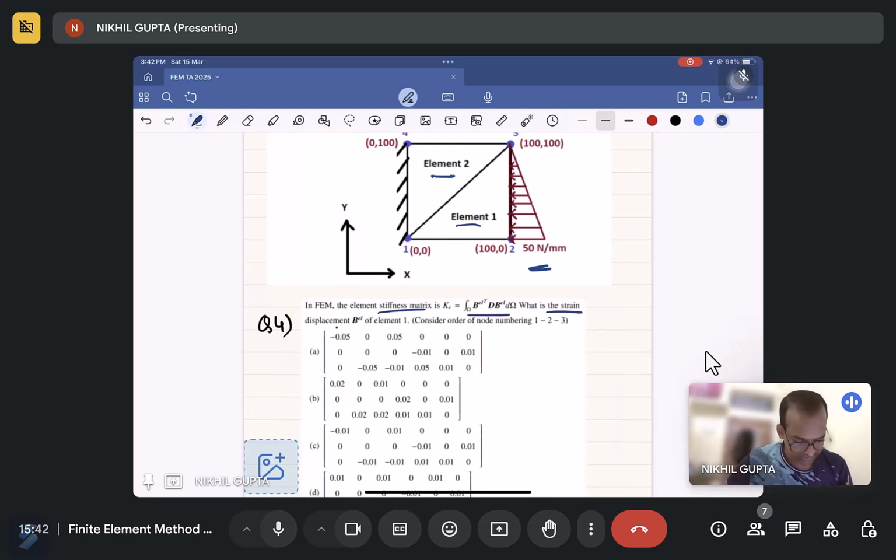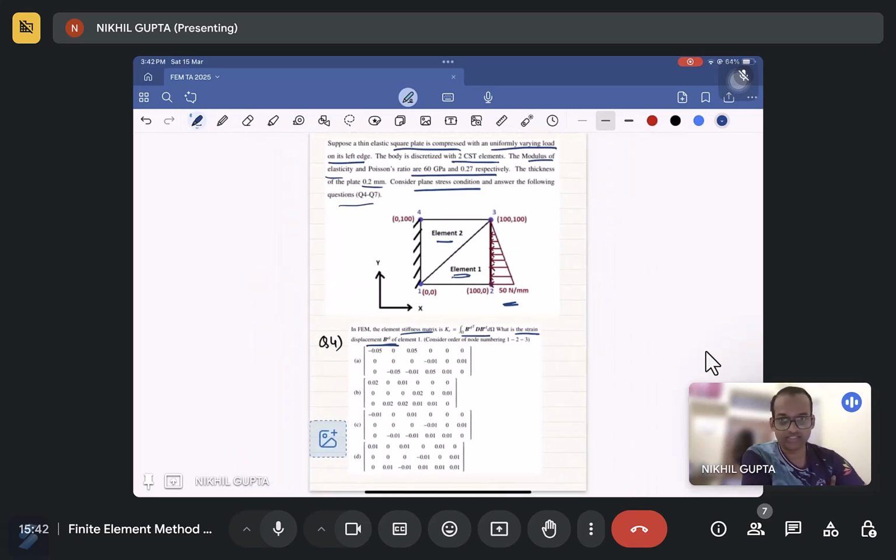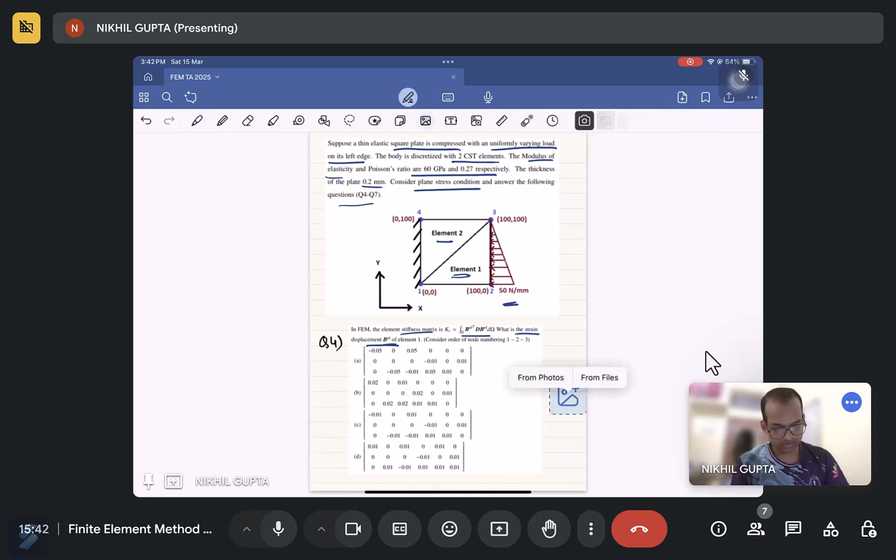What is the strain displacement matrix B we have to calculate for element number 1? Is the question clear to everyone? I can give you time for reading. We have to calculate the B for this element number 1, in which the loading is acting.